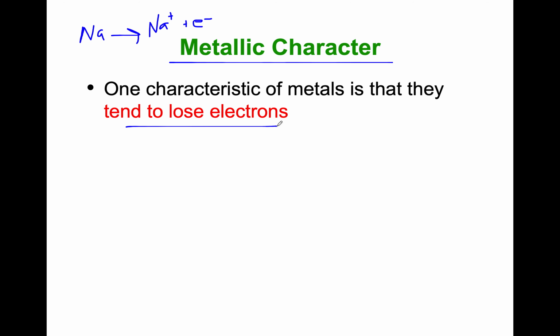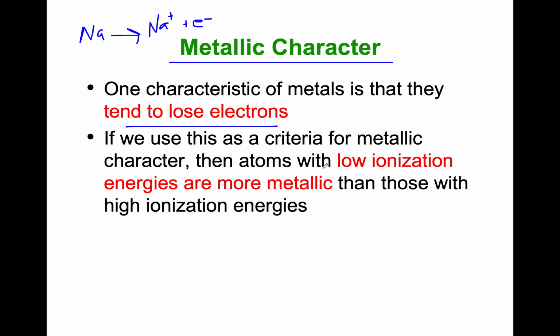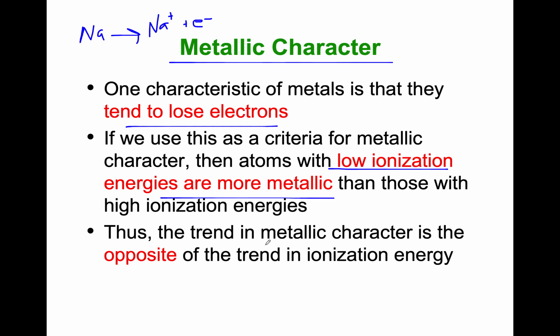Okay, so if metals want to lose electrons, that makes them metals, that makes them who they are, then we just need to know the ionization energies. If we know that trend, we know the metallic character trend. So that's the opposite of ionization energy. Remember, metals really, really want to give up an electron, so the ionization energy needs to be low. It should be easy to give up an electron.